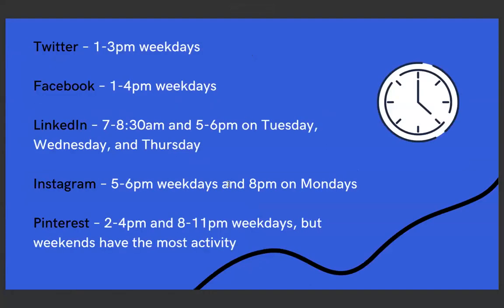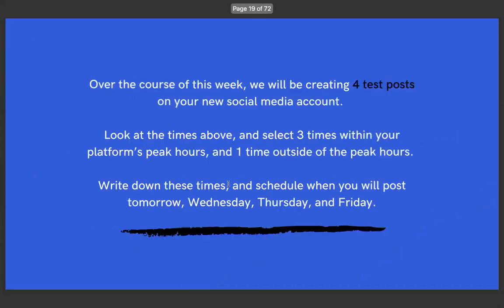So on Twitter, it's 1 to 3, Facebook 1 to 4 p.m., LinkedIn 7 to 8:30 a.m., Instagram 5 to 6 p.m., Pinterest 2 to 4 p.m. These are the hours based on the research that we did through good statistics or analytics that we found on Google. So you can also follow this time circle to effectively use your posting.